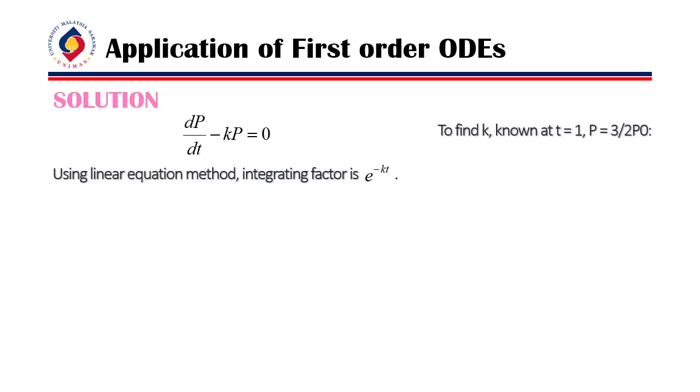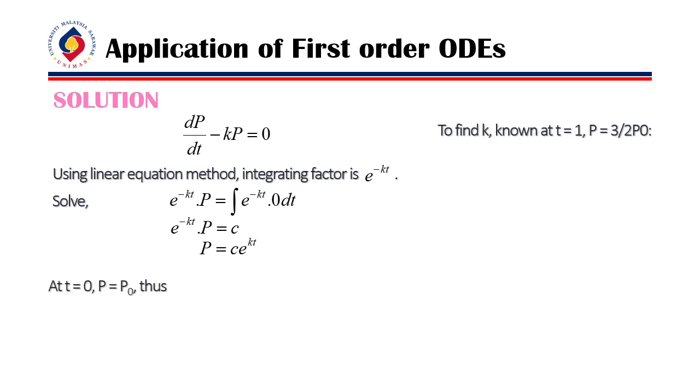In this case you use the linear equation method. You can go through how we are using the linear equation method by using the integrating factor e to the negative kt here. I think this is the other solution method that you can use.